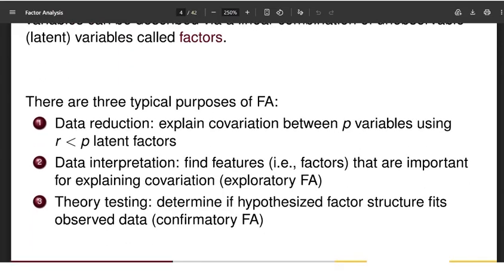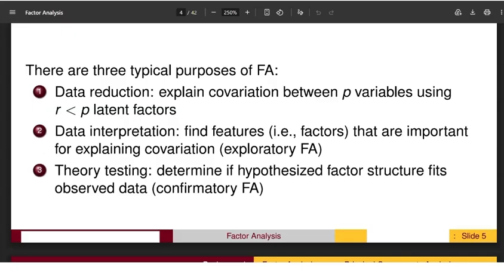So when you want to talk about the purposes, we got three of them. Number one is data reduction. It's sharing this same property with principal component analysis.